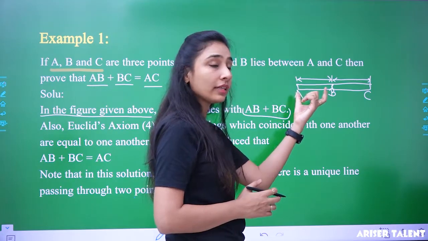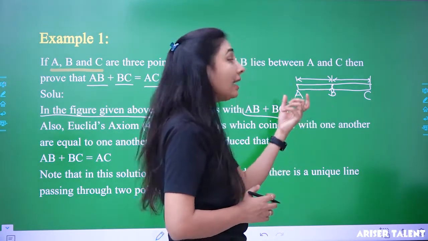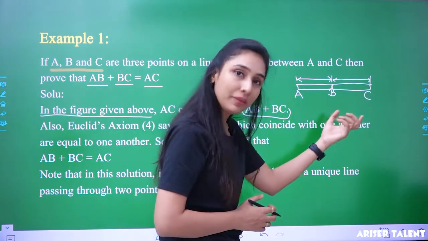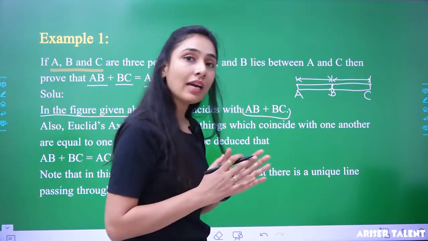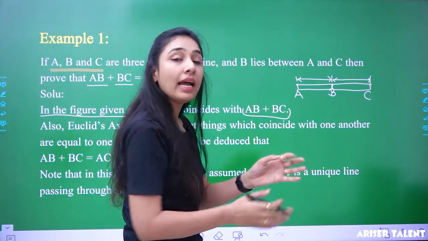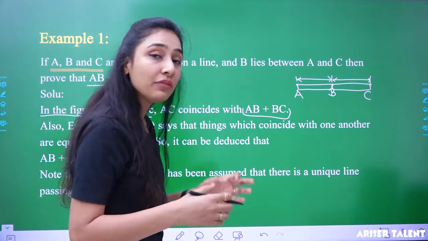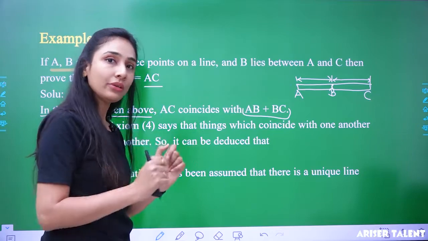It will coincide with the complete line AC, by the line segments AB and BC. What does that mean? This means that they are coinciding with each other, and if they coincide, they are equal to each other according to Euclid's axiom.